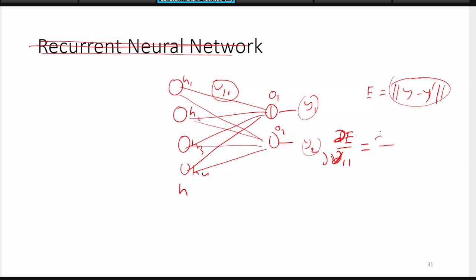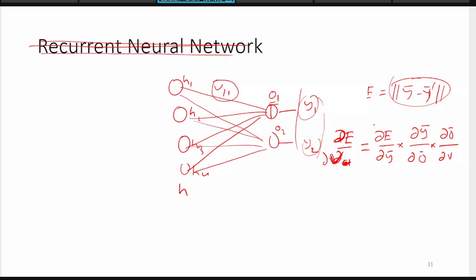E depends on Y. Let me generalize, so Y is now a vector and V is a matrix. I take the partial derivative of E with respect to Y because E depends on Y. Then Y depends on O, the output of this perceptron, and O depends on V. Now I can take the partial derivatives.